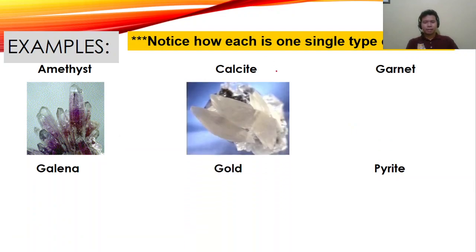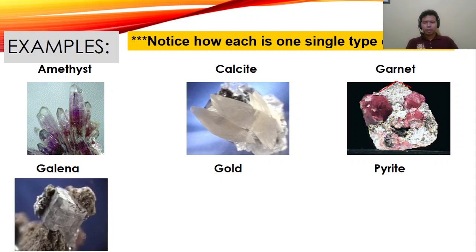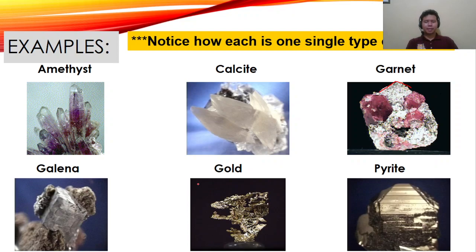Followed by calcite, followed by garnet. The garnet here is the white mineral. We also have galena, the metallic mineral, gold, and pyrite. These are some examples of minerals that possess different crystal shapes or crystal forms.